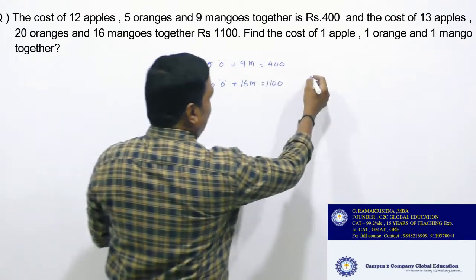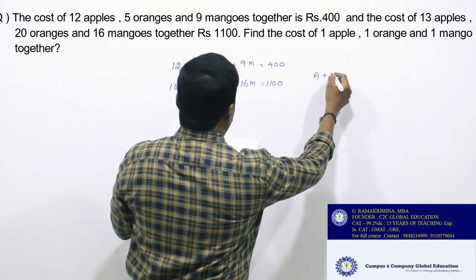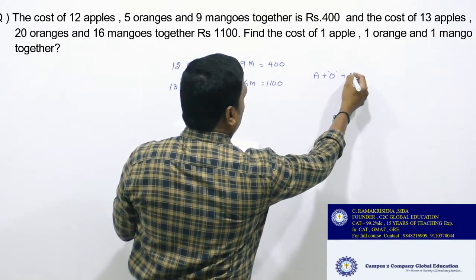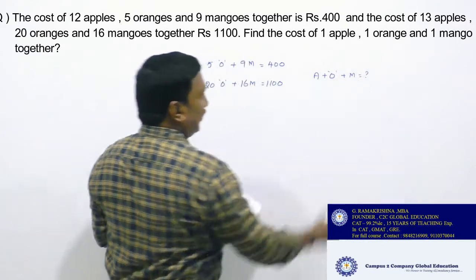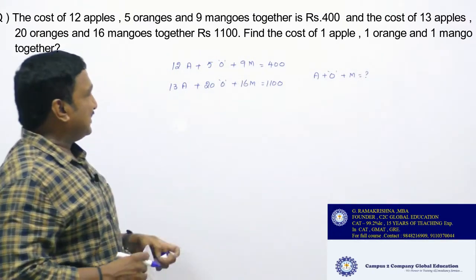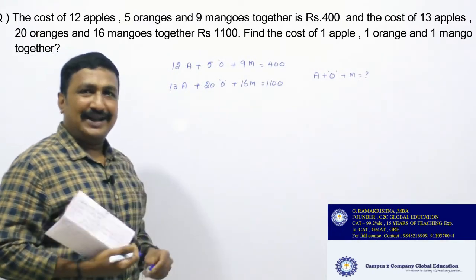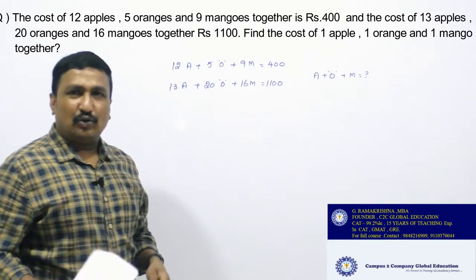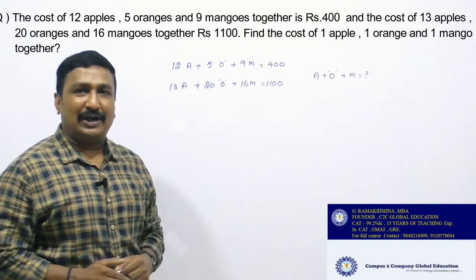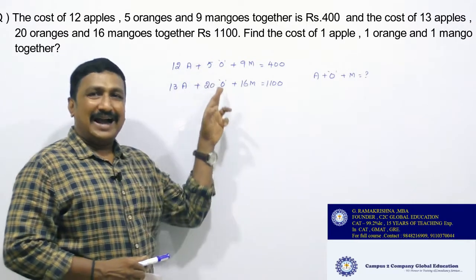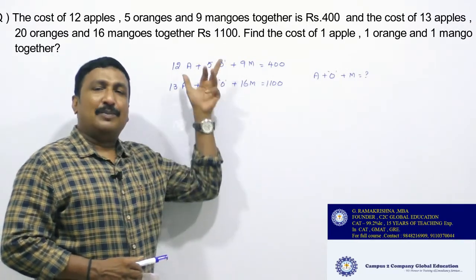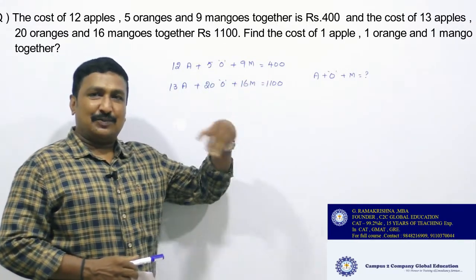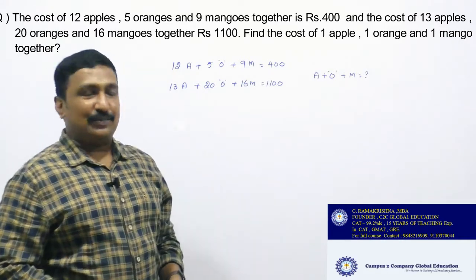We have to find the cost of one apple, one orange and one mango. In this case there is no difficulty or shortcut, we can find it directly. Already I told, whenever they give the combination value, check whether we can add or subtract, or multiply the first or second equation by some constant and subtract.